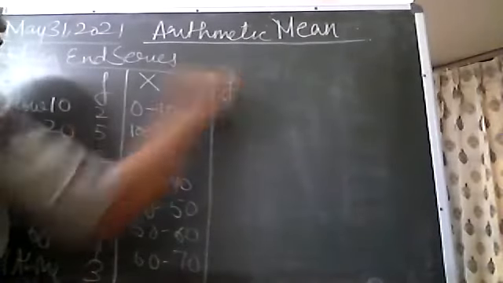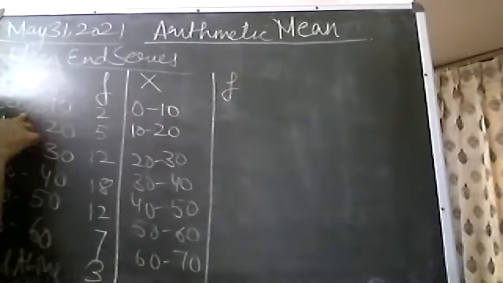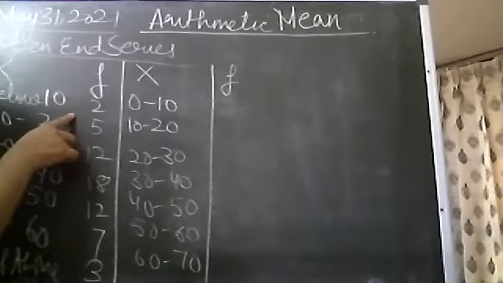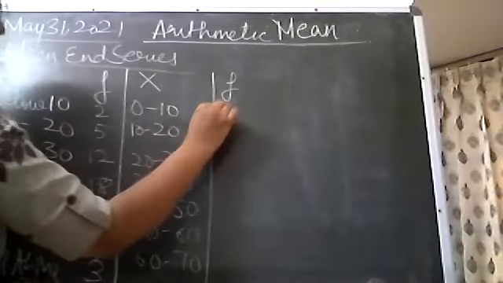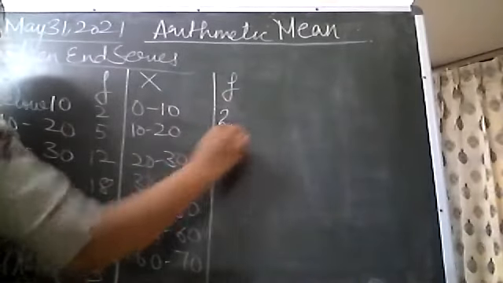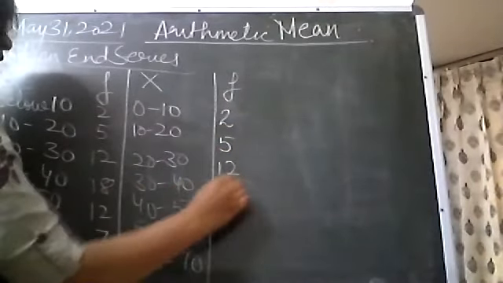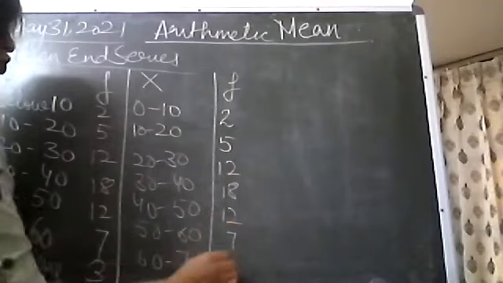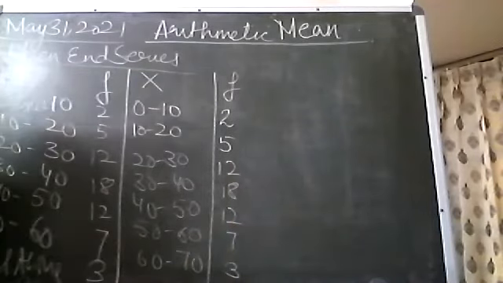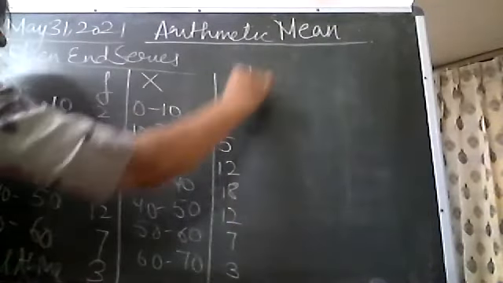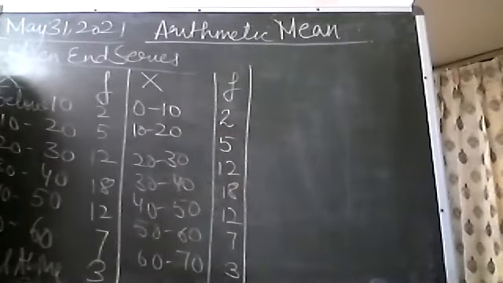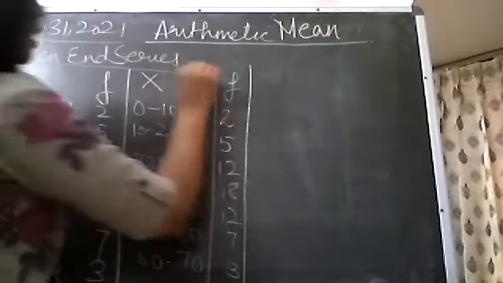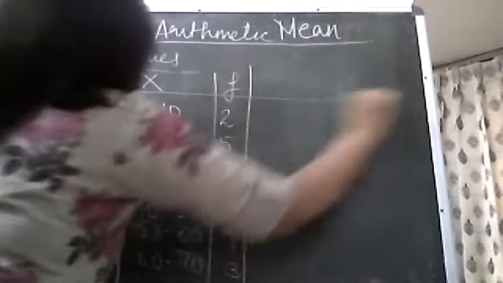Right? Now frequency, no change in frequencies. Below 10 जितने students के marks है उतने ही 0 to 10 के भी होंगे. So note it down as it is: 2, 5, 12, 18, 12, 7 and 3. I told you previously also which method we want to make use of.